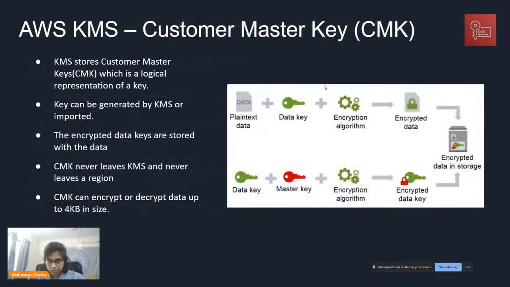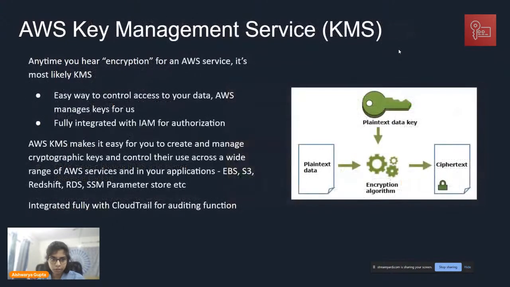Here you can see I have used a data key to encrypt my plain text data, and I have used a master key to encrypt my data key, and both are stored together. This is what a customer master key is, and that is the basic unit of KMS. This is what KMS manages. KMS is an easy way to control access to your data, and AWS manages these CMKs for us.